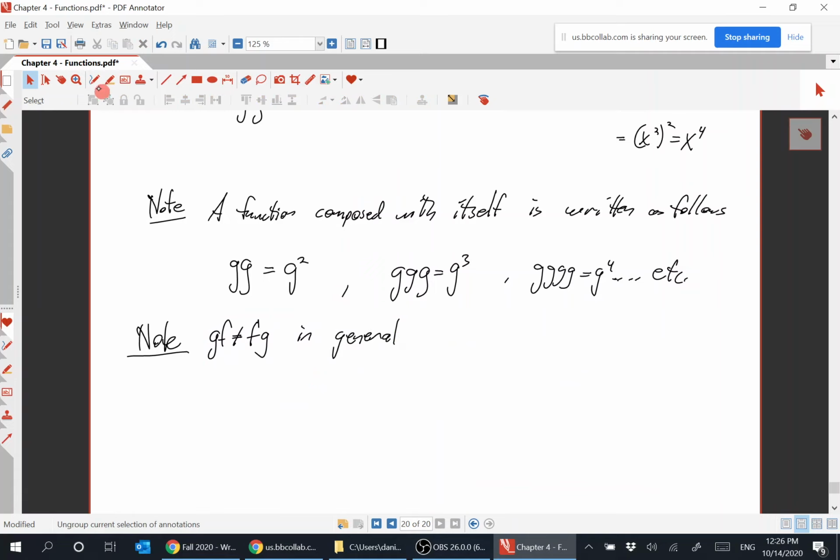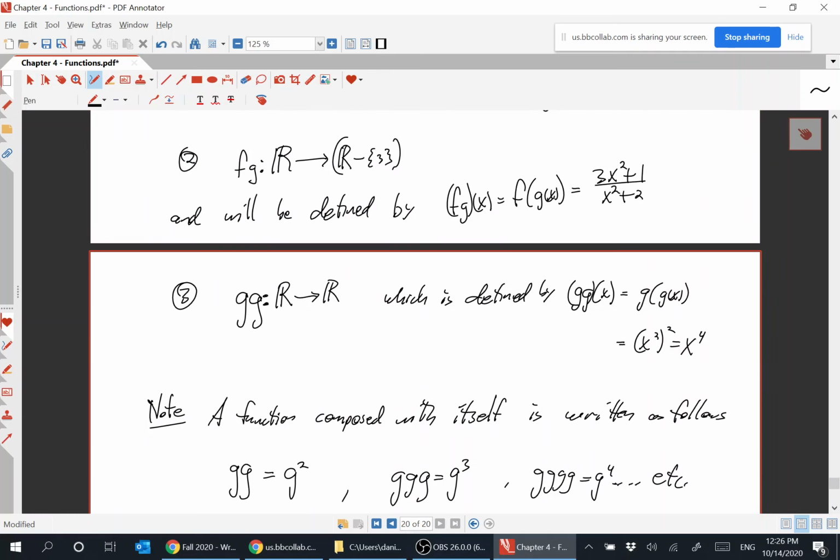gf is not equal to fg in general. g following f is not equal to f following g.